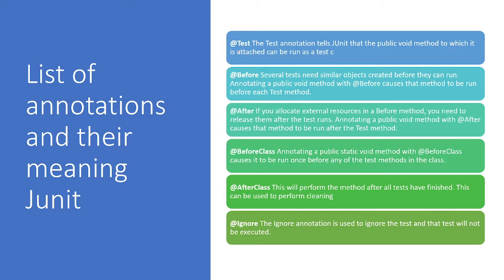The first in the list is @Test, and we use @Test to tell JUnit that the public void method to which it is attached can run as a test case. Perfect. So we're telling JUnit that we can run this thing as a test case. We can use the @Before tag.